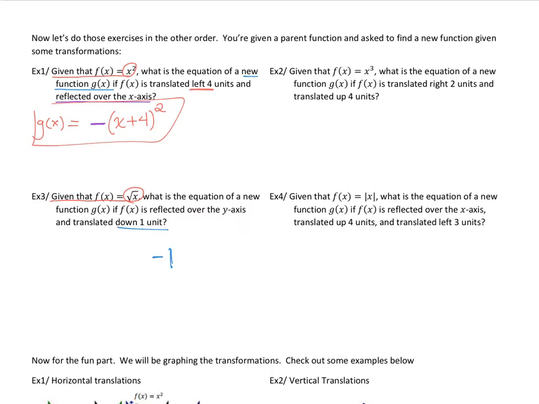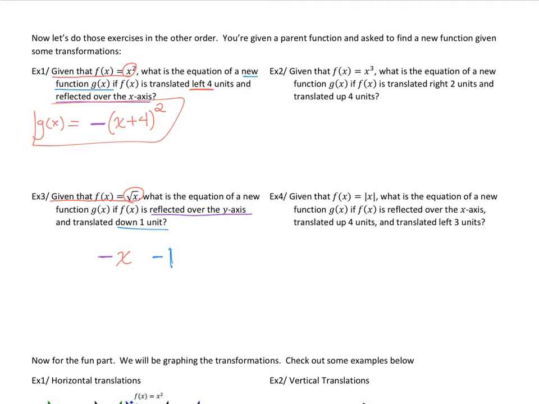And let's see, I know that the reflection over the y-axis means there will be a negative directly in front of the x. So this negative, reflected over the y-axis, will be hanging out directly in front of the x. Directly, not outside in front of everything, but directly in front of the x.